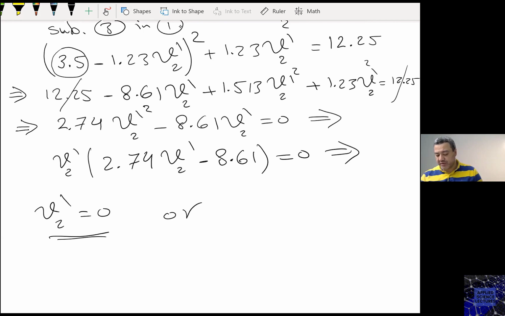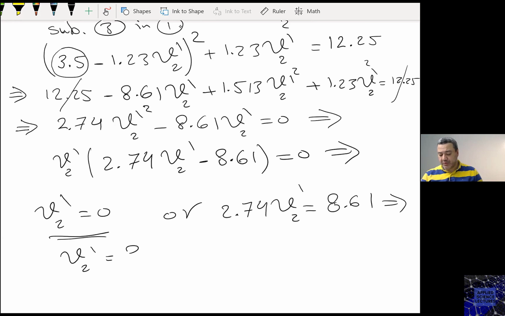The second solution is 2.74 V2 prime equals 8.61, so V2 prime equals 8.61 divided by 2.74, which is 3.14 meters per second.